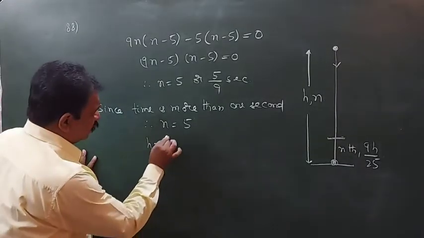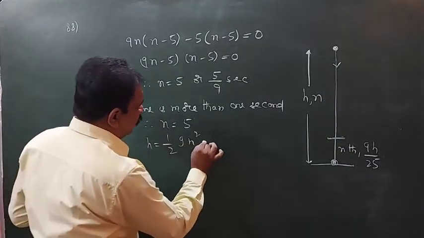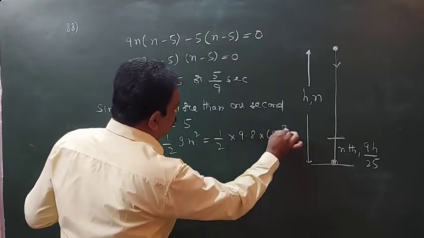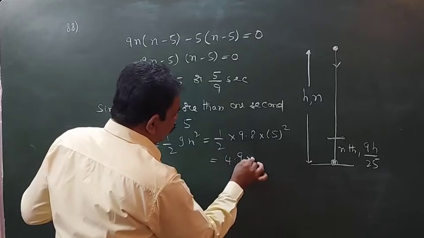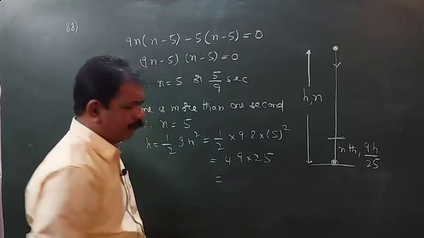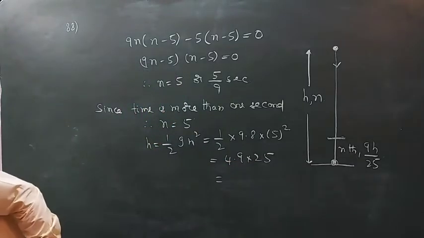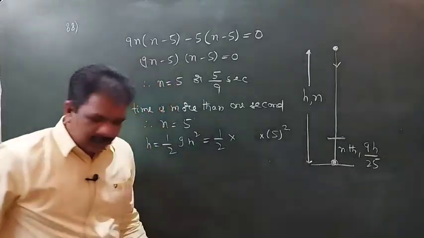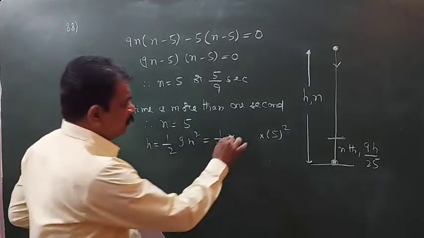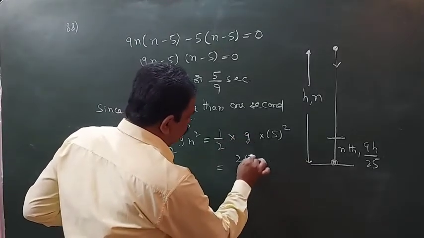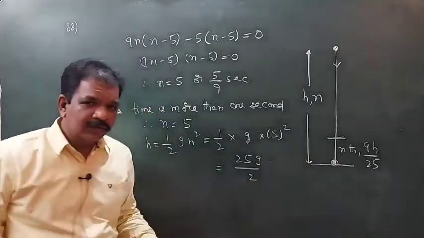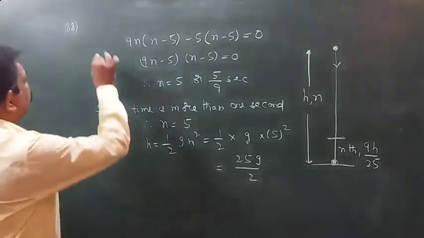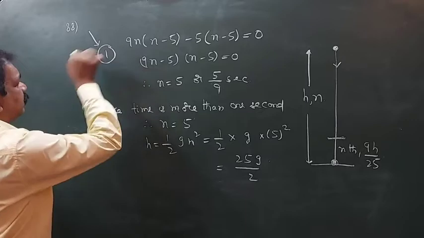So h is equal to 1 by 2 into 9.8 into 5 square, 4.9 into 25. But without calculating this, they gave g, this is 25g by 2. So the answer for that 88 will be the first option.